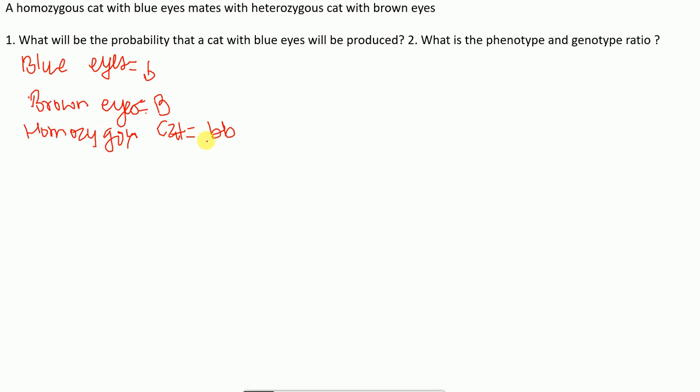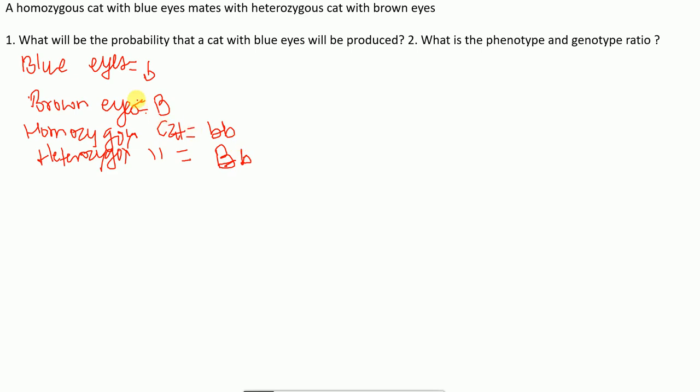Then we also have a heterozygous cat with brown eyes. Heterozygous means genotypically capital B and small b. This is how we have to write it genotypically.